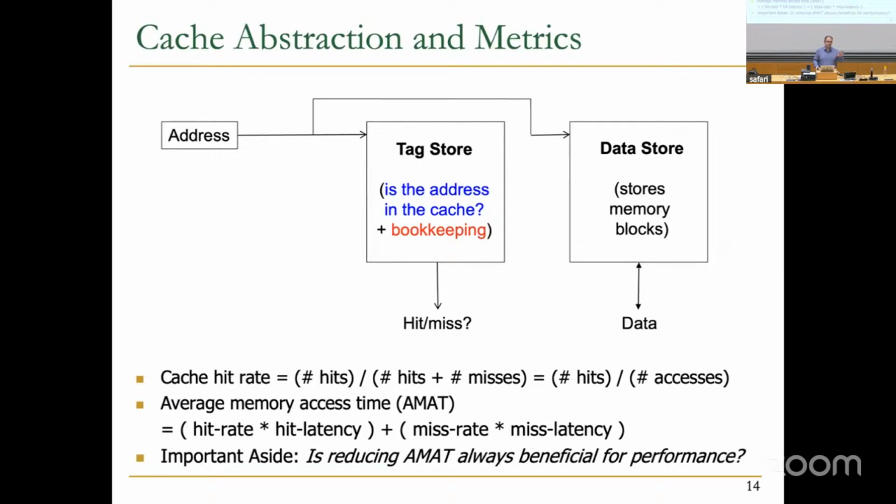Because that's the bottom line performance metric we care about. Locally I care, but globally I mostly care about how fast my processor is running my application. So when you reduce average memory access time, would that always be beneficial for performance? Or the other way around, should I always shoot for better average memory access time or not?